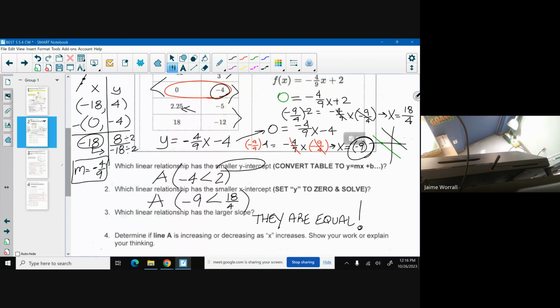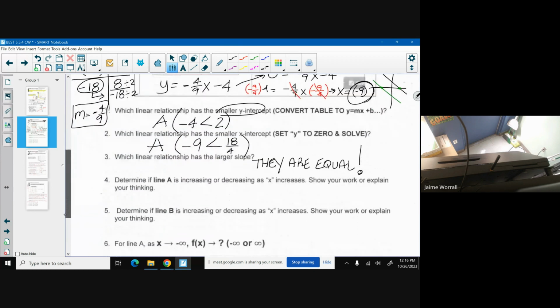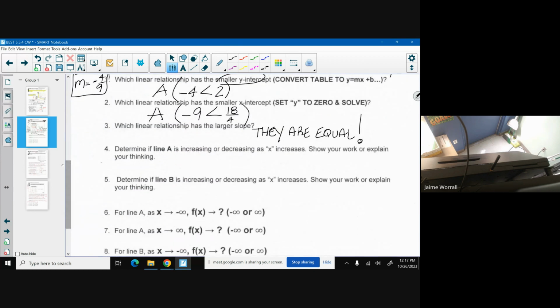All right, and then finally downstairs. I'm going to get rid of the increasing or decreasing. I'm going to wait till we get to curvature, like I said at the beginning of this unit.